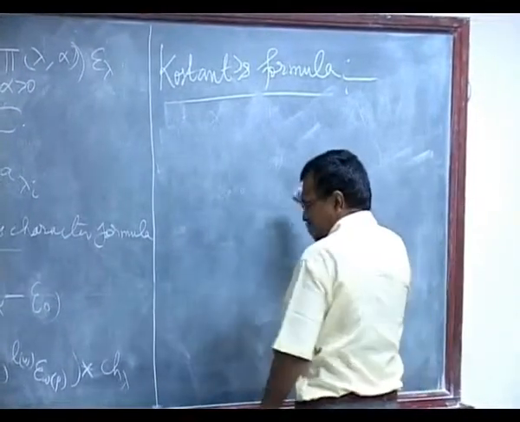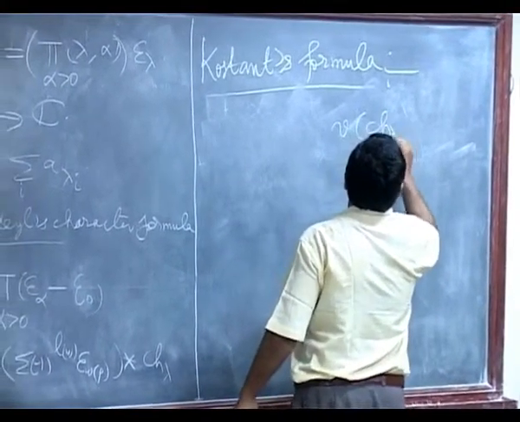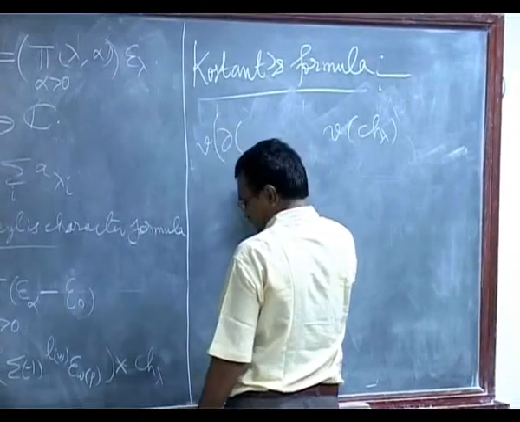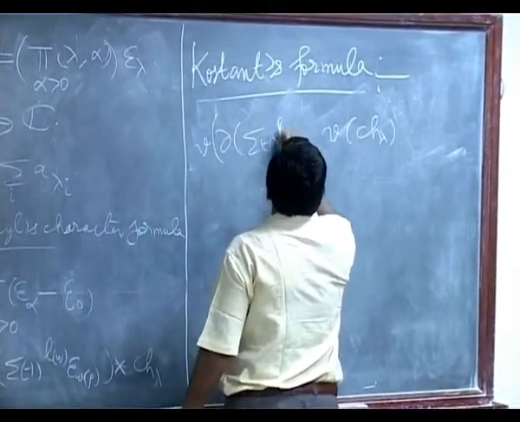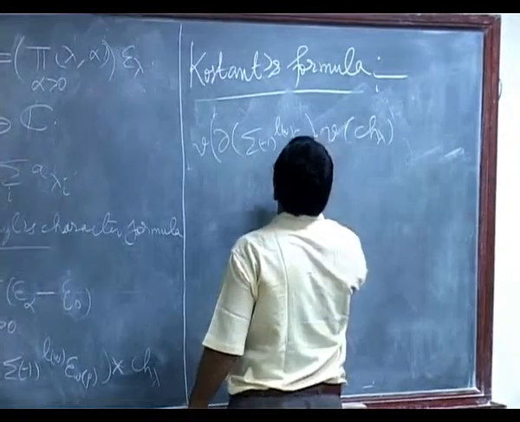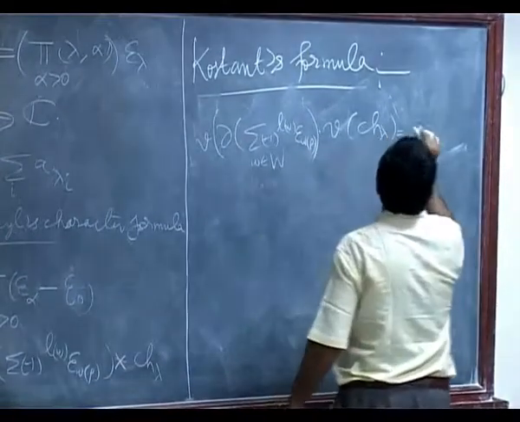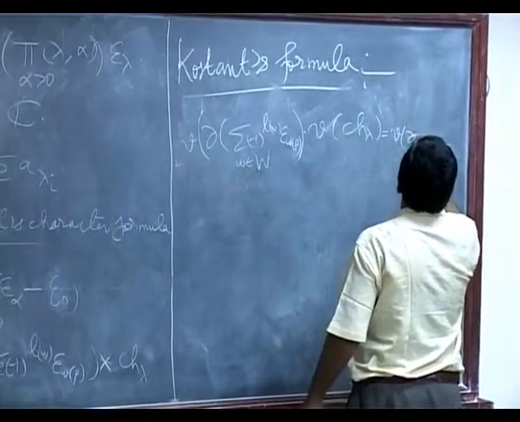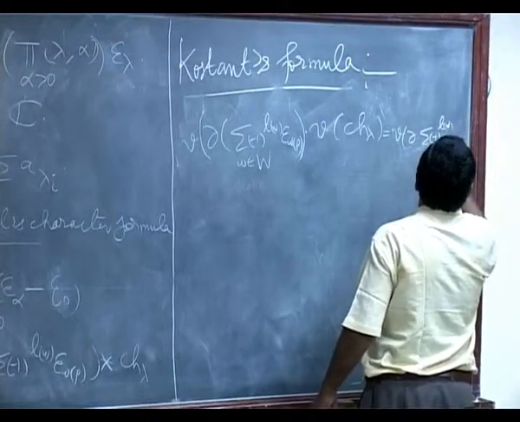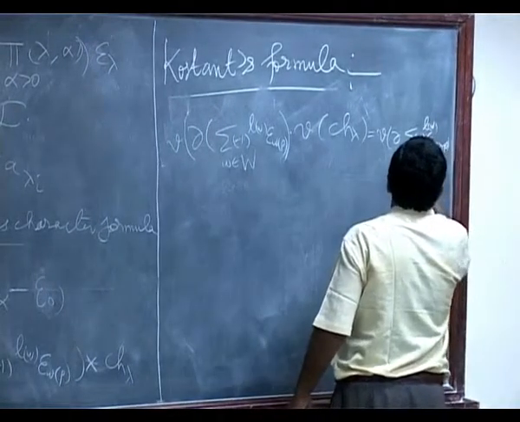So V of CH lambda, dou of V of dou of this thing, this is in W is same as V of sigma minus 1 to the power length W, epsilon W of lambda plus rho.